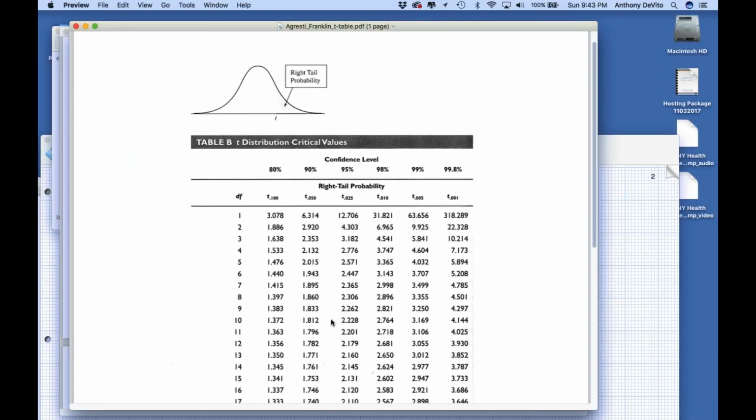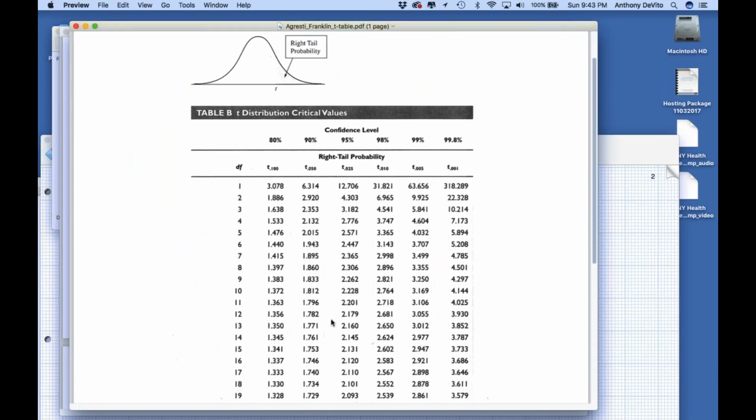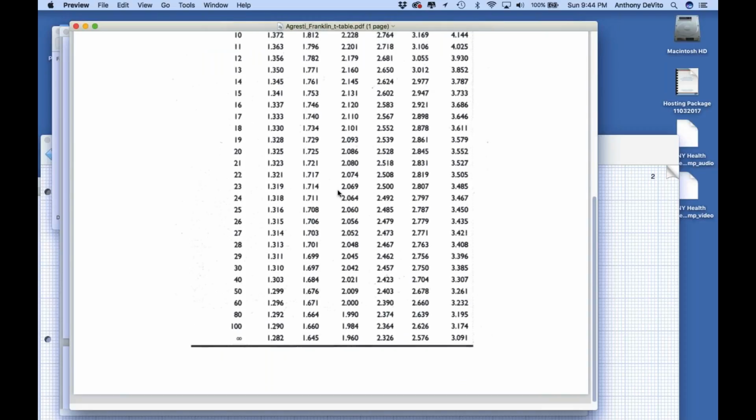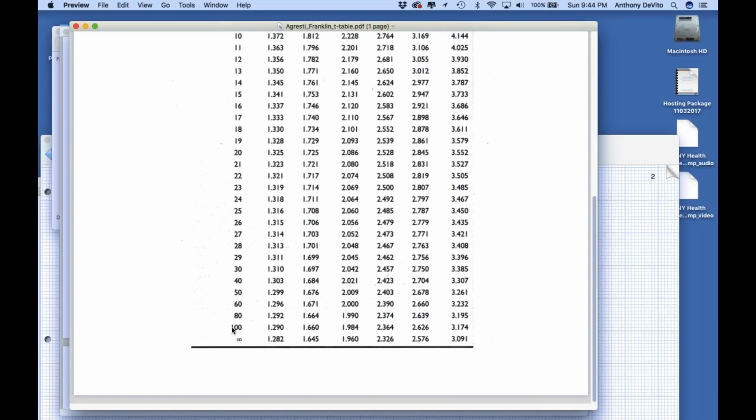Here's our t-table, and I'm going to look up what the critical value of t would have to be for that sample size. Here's my 95% confidence, right? My 5% chance of being wrong is the same thing as being 95% confident. I'm going to scroll down to a sample size of 100.